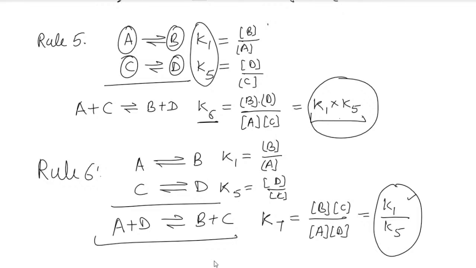But if we subtract, see A as such and D is there, B and C, that means the second equation is subtracted from the first one, then it is like this, right.